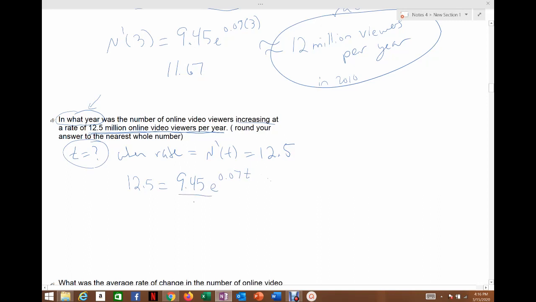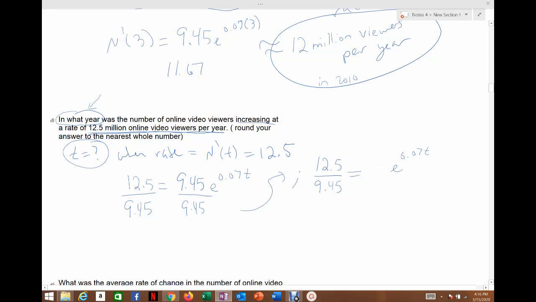First step, divide out by that 9.45. Remember, we're going to leave the fraction. We don't want to round it, and you can type it in your calculator and get a slightly nicer looking fraction, but I'm just going to leave it. 12.5 divided by 9.45 equals the e term, e to the 0.07 t.